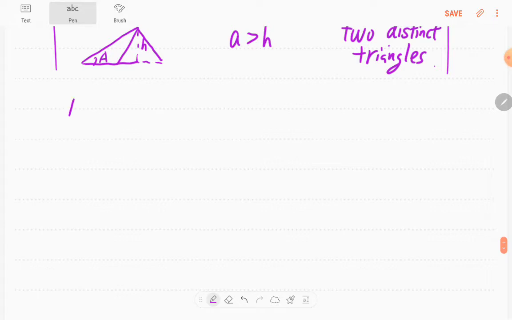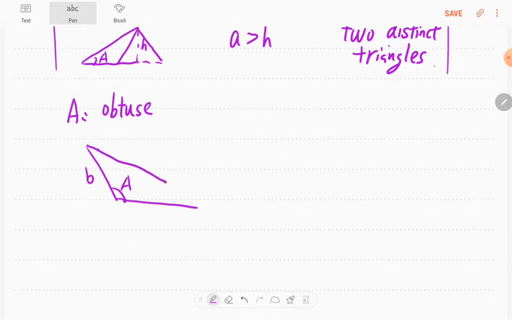If A is an obtuse angle, and this is A, and this is side B, for example, and this is side A, if A is less than B, because we know an obtuse angle is the largest angle in a triangle, the side A should be greater than the other two sides.